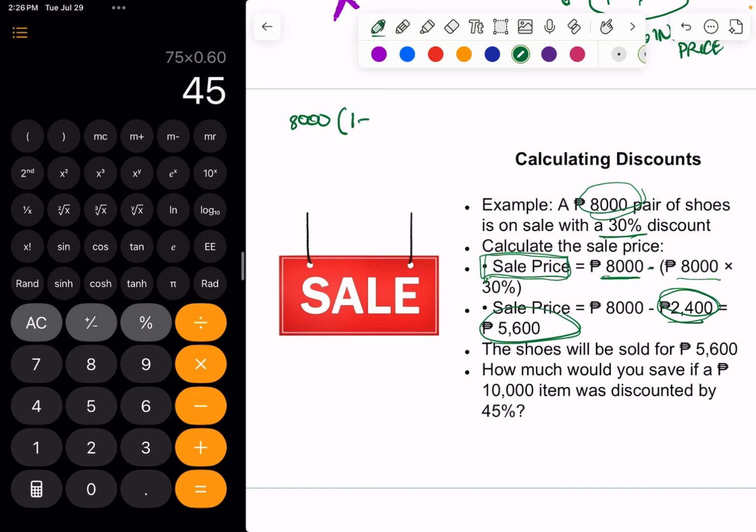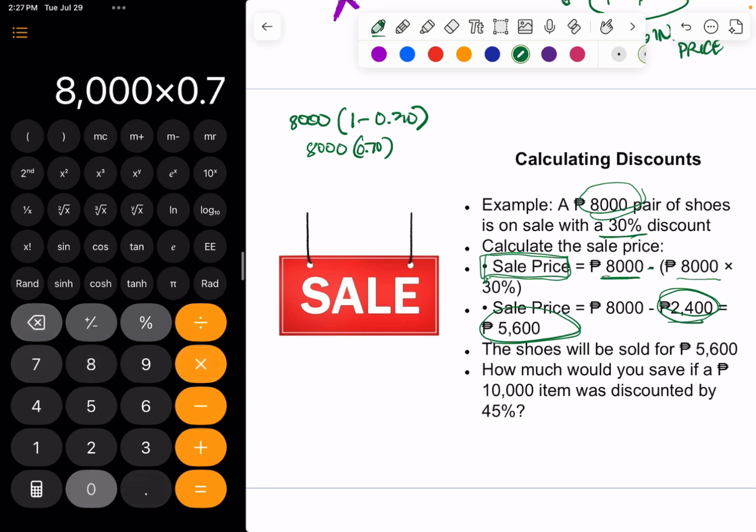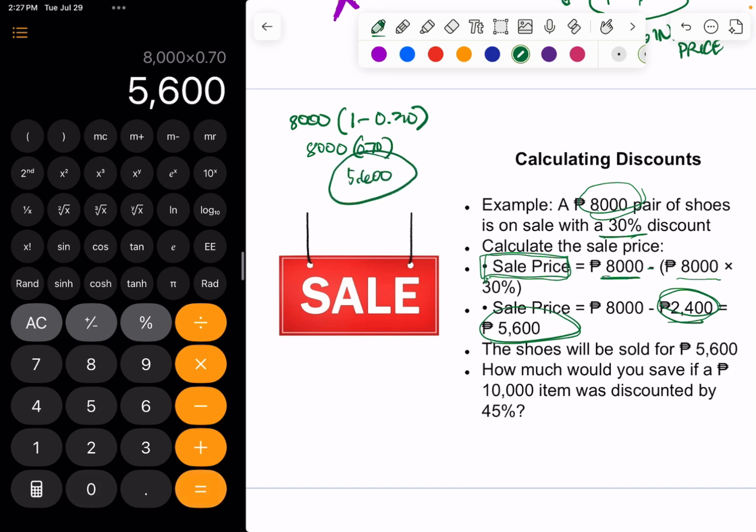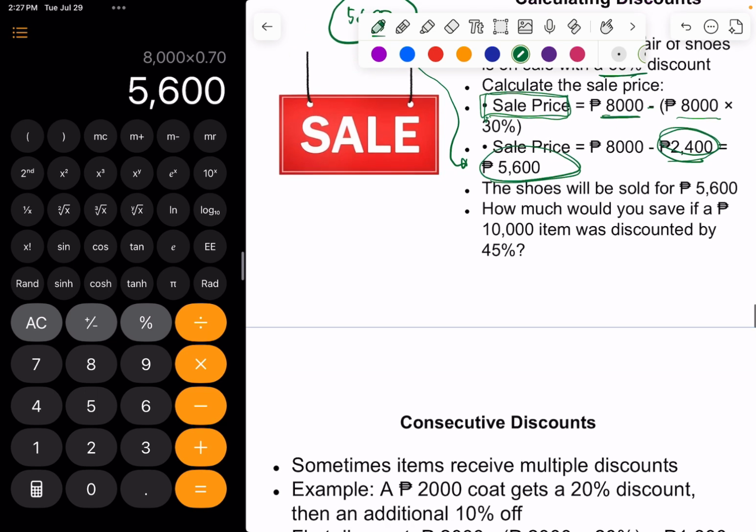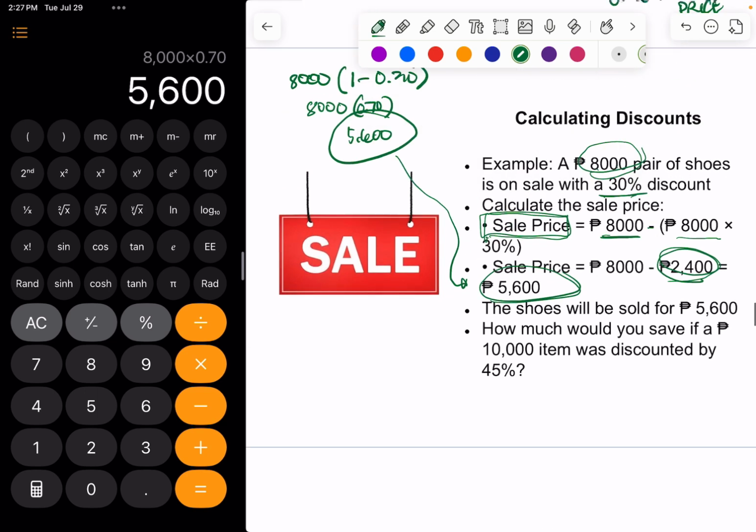So that is 1 minus 0.30. Pila na lang ka percentage imong bayadan? 100 minus 30%. That is 70% or 0.70. So that is 5,600. So the same answer. So bisan asa nga method gamiton, the same answer ra gihapon ang mogawas.